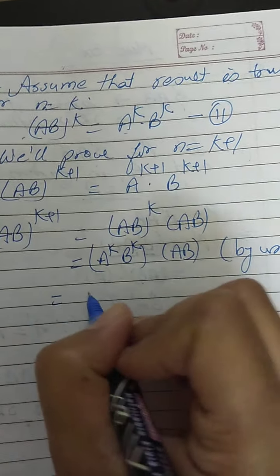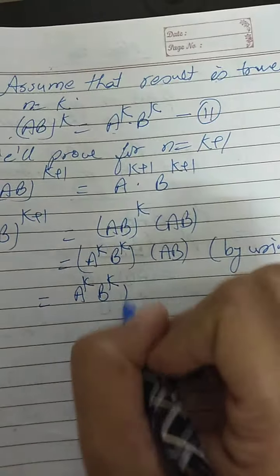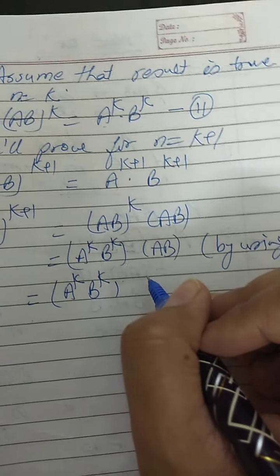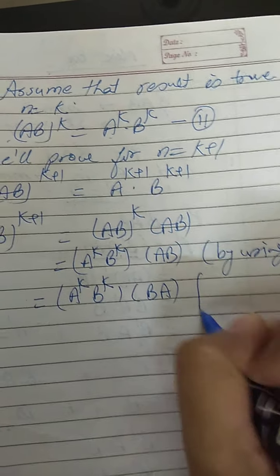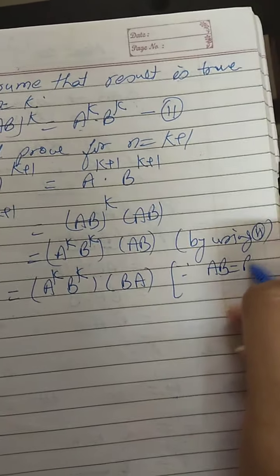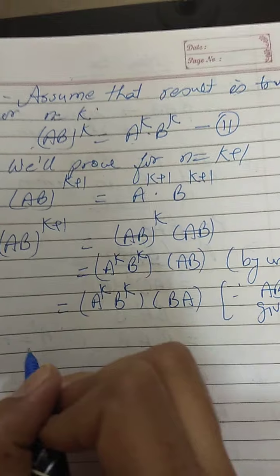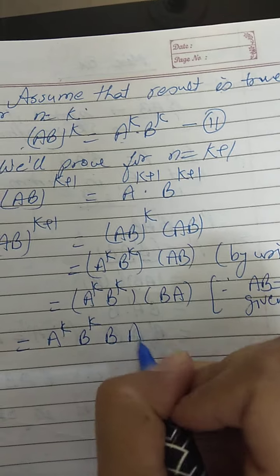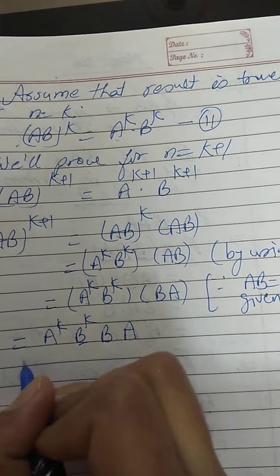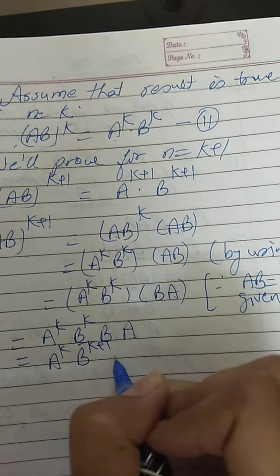Here we have a raised to power k, b raised to power k, and this ab, in the beginning it is given ab is equal to ba, so it can be written as ba, because this thing is given, right? So it will be written as a raised to power k, b raised to power k, ba. Bases same, powers will get added in multiplication, so we will get a raised to power k, b raised to power k plus 1, a, right?